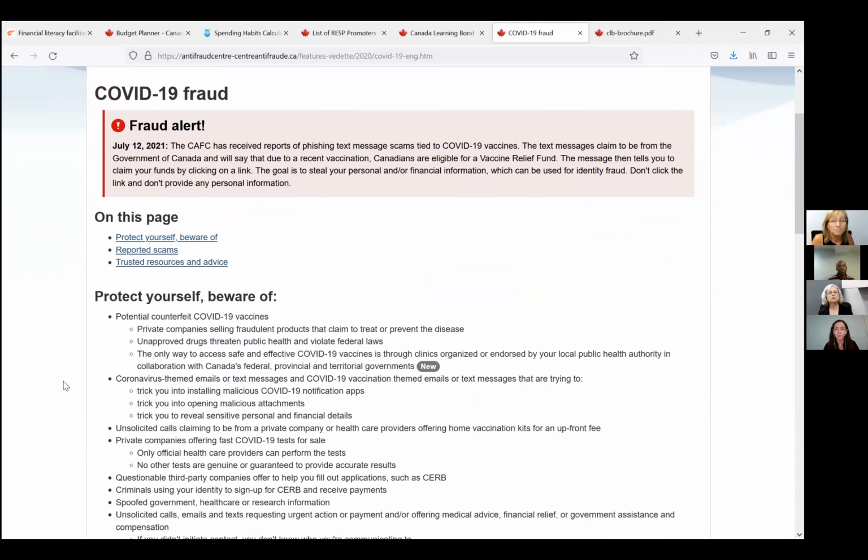They will say that due to recent vaccination, Canadians are eligible for a vaccine relief fund. And you think, oh, I'm eligible for money, right? That just reels people in. The message tells you to claim your funds by clicking on a link. And you click on the link, and the goal is to steal your personal or financial information, which can be used for identity fraud. So don't click the link, don't provide any information.